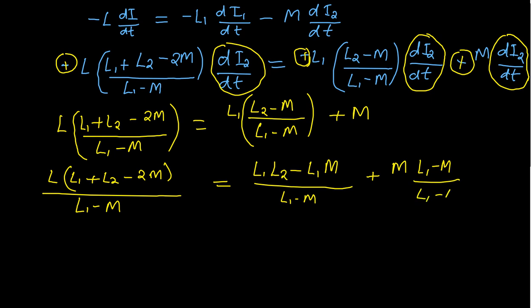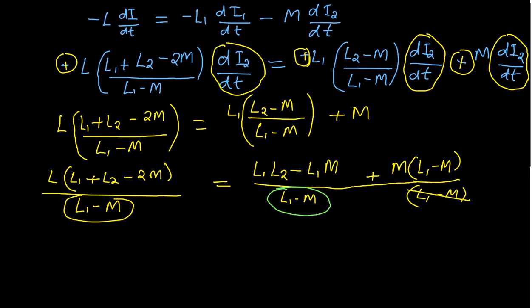So the denominators are same, we can consider this equation, and multiplying L1 by m, 1 by L1 minus m is common on both sides.